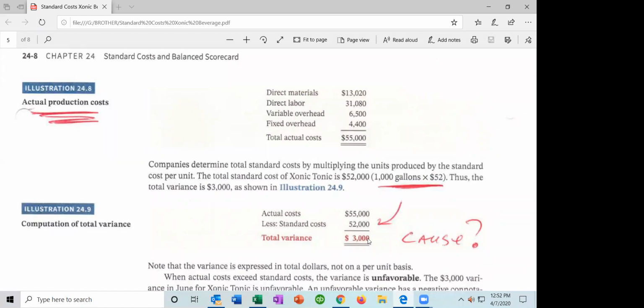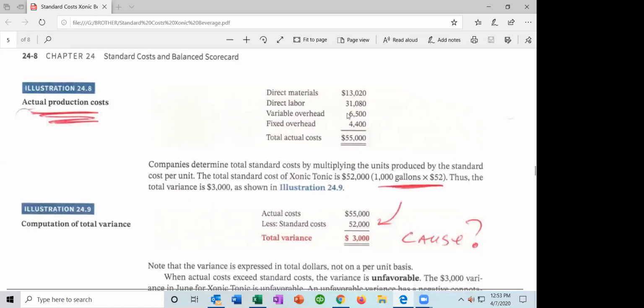Or did they use too much material? Remember, there's 2 components to each one of these components of product cost. Direct materials has quantity and price. So I asked the question, did they spend too much money on direct materials? And if they did, did they use too much material, or did they pay too much per pound?